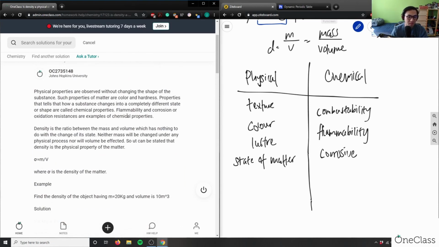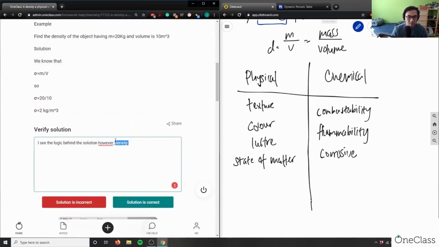Let's see, density. Neither mass will be changed under any physical process, nor will volume be affected. So you may say that density is a physical property. However, density is an inherent property of any substance.